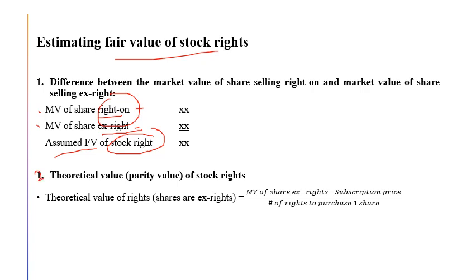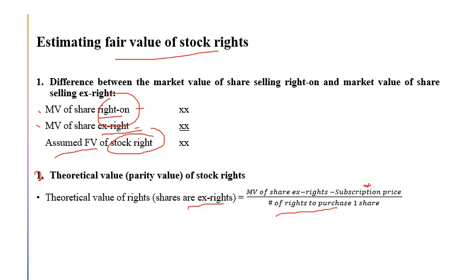So, meron siyang formula. So, una, kung X right siya, so market value of share X right minus subscription price. Ano nga uli yung subscription price? Magkano yung magagastos mo pag bumili ka ng isang share?